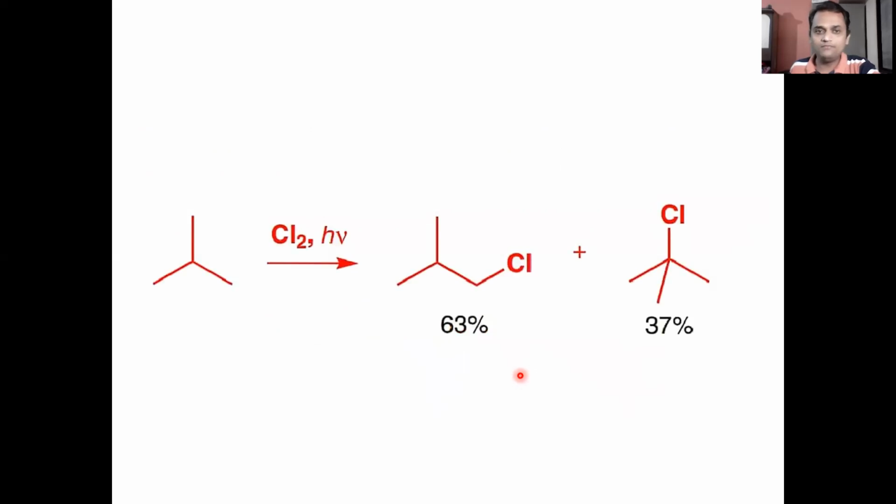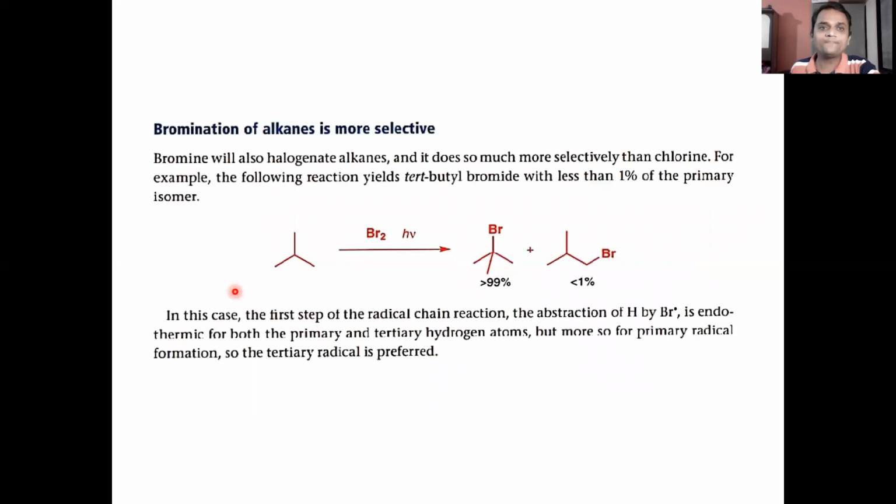Then we again saw the example of isobutane. Then we saw that the bromination of alkanes is more selective. So when isobutane reacts with bromine under photochemical conditions, we get the tertiary isomer in a proportion of greater than 99% and the primary isomer less than 1%.